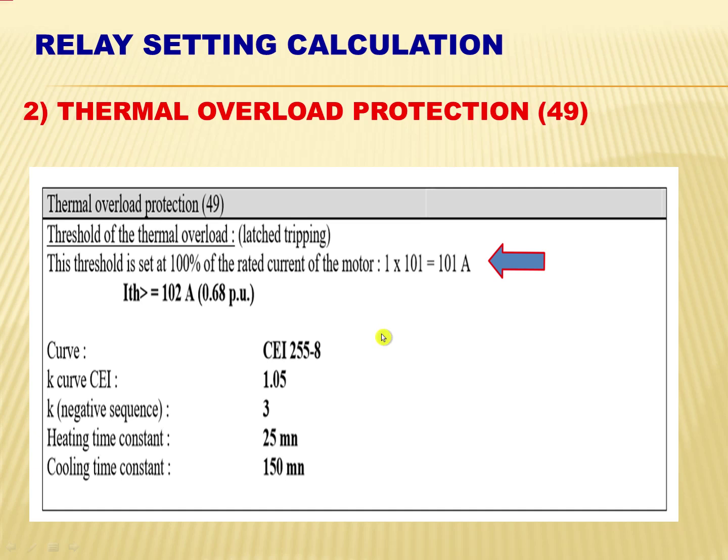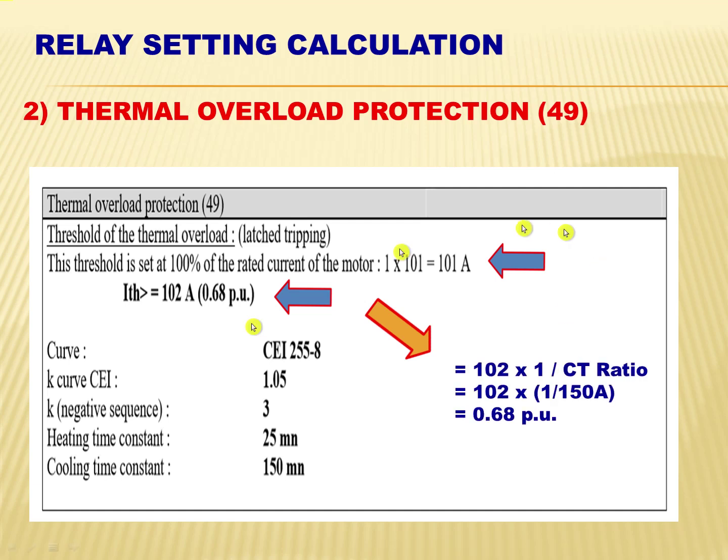Our setting here of 100% is equivalent to 102 ampere or 0.6 per unit. So we just multiply the 102 ampere by 1 over the CT ratio. Our curve will be based on IEC standard 60255 part 8.